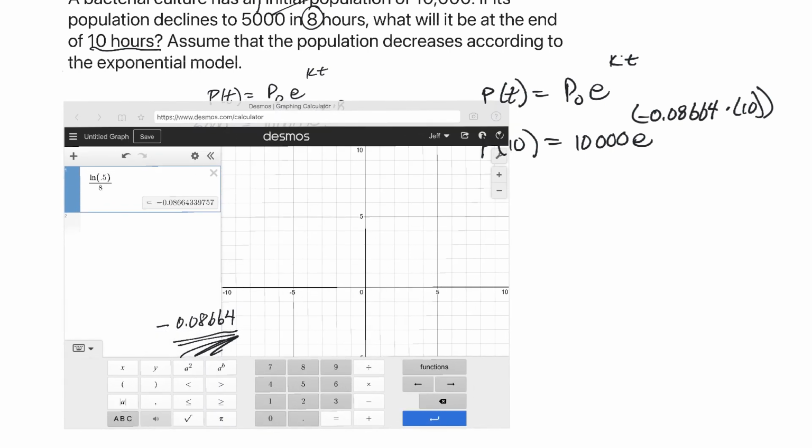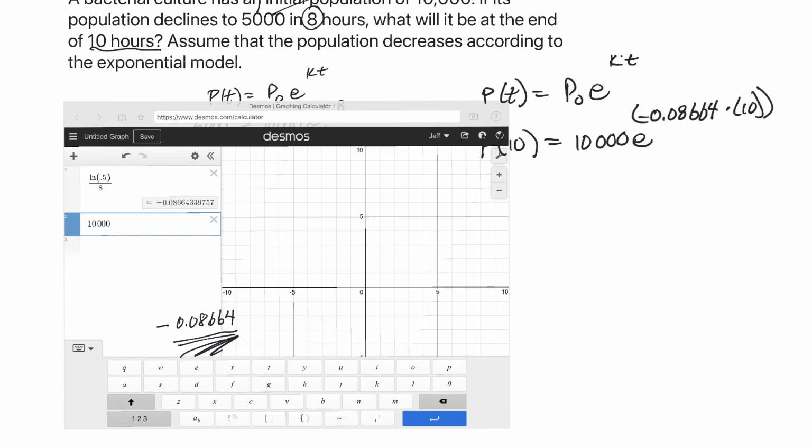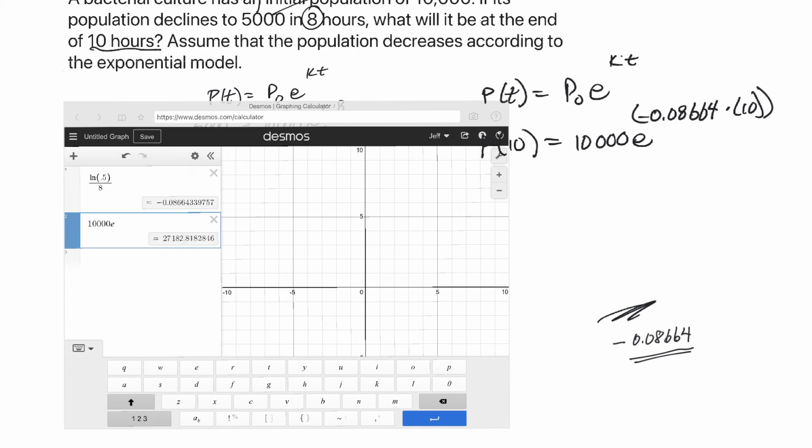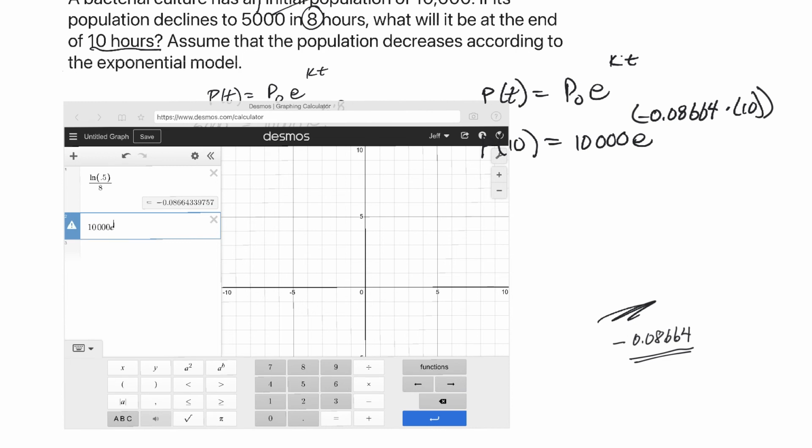Okay, 10,000 e to the bracket negative 0.08664 times 10 bracket.